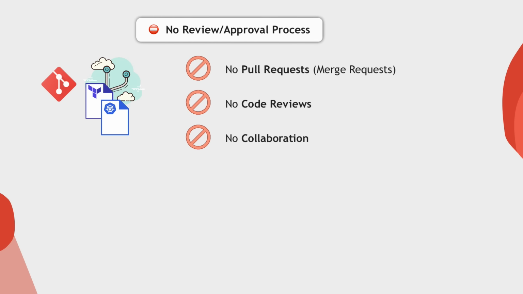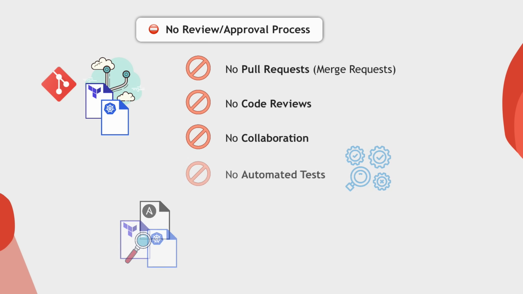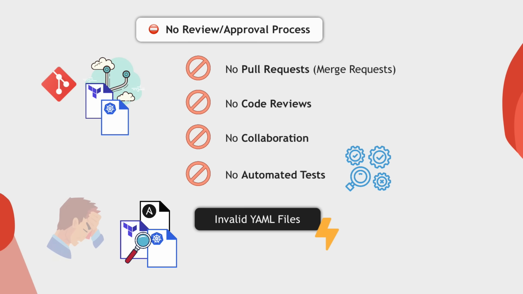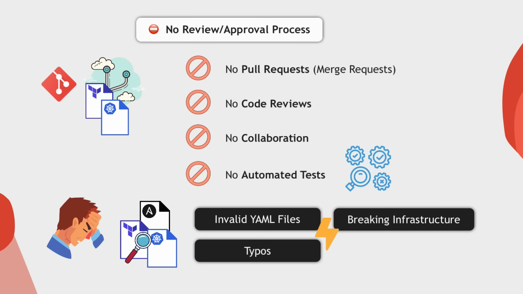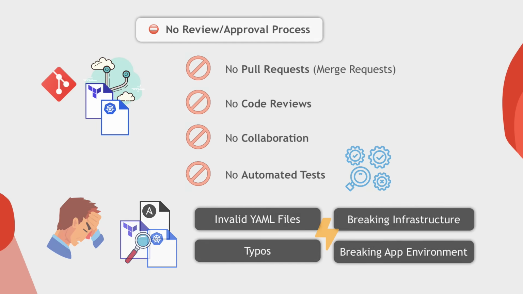Also, when you commit your infrastructure as code changes into the repository, no automated tests are running to test these code changes. Maybe you committed invalid YAML files, or maybe you made a typo and the attribute names are wrong. Or maybe your code changes will break something in the infrastructure or your application environment.